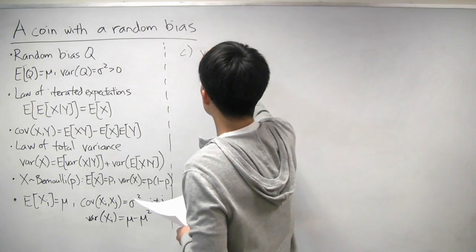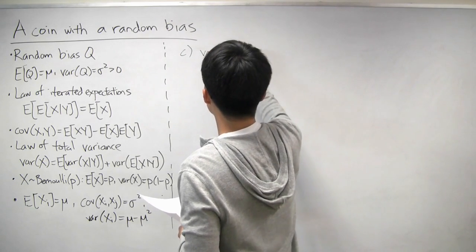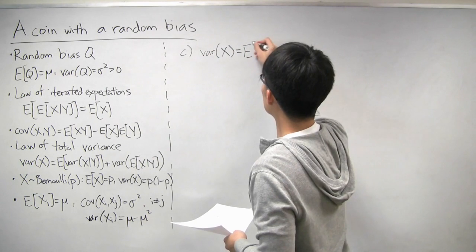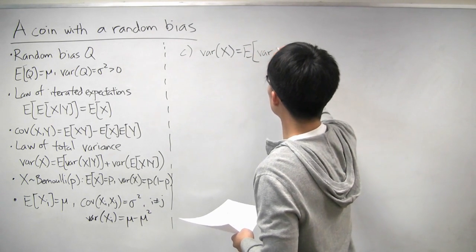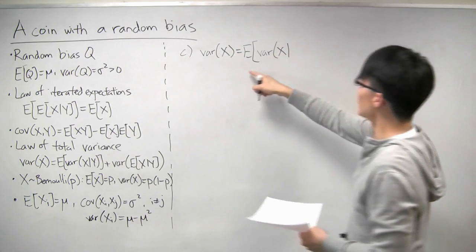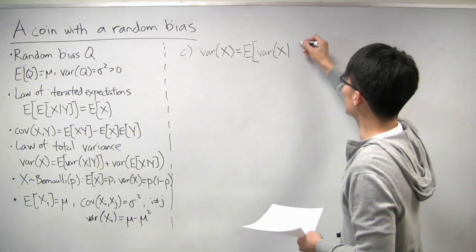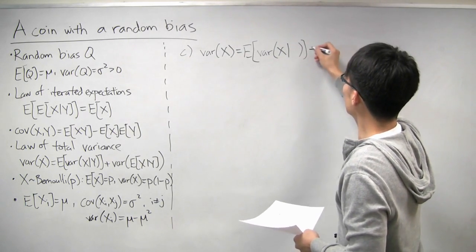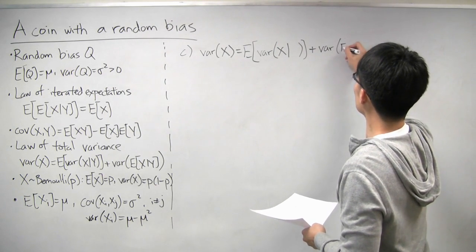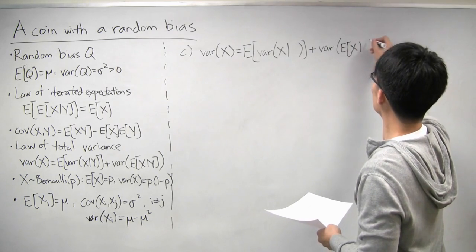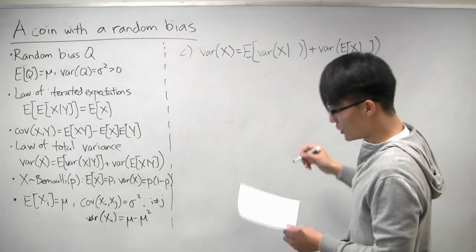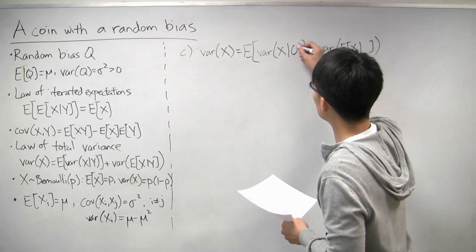The law of total variance will tell us that we can write the variance of x as a sum of two different parts. So the first is the expectation of the variance of x conditioned on something, plus the variance of the conditional expectation of x conditioned on something. And as you might have guessed, what we're going to condition on is q.